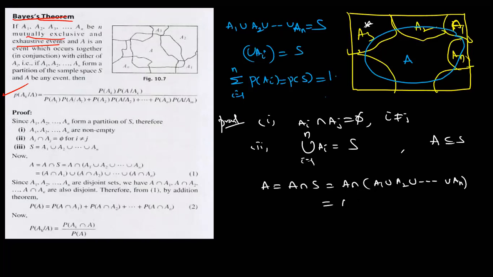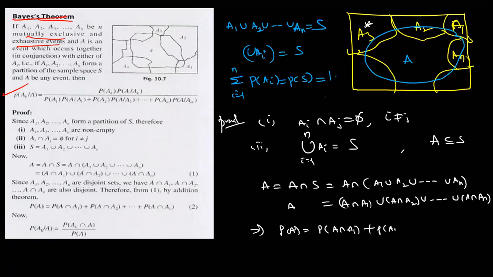Apply the distributive property, dear students: A intersection A1, A intersection A2, union A intersection AN. Fine. Now, using the addition theorem in this case, because A1, A2 are disjoint sets, we get P of A is equal to P of A intersection A1 plus P of A intersection A2, and so on.